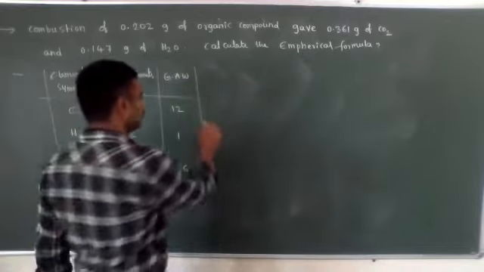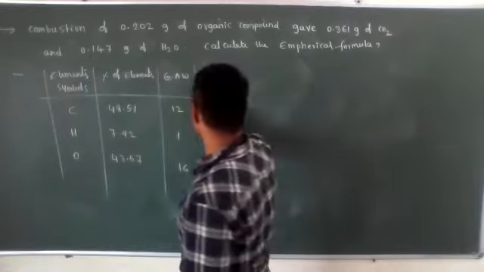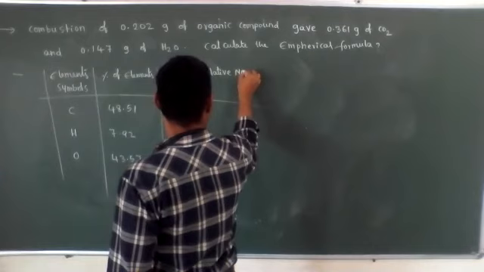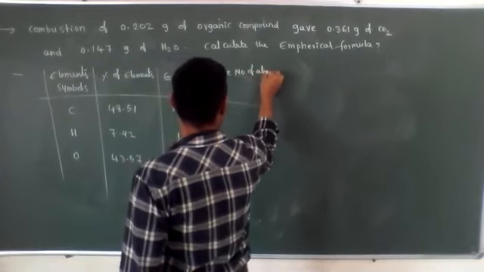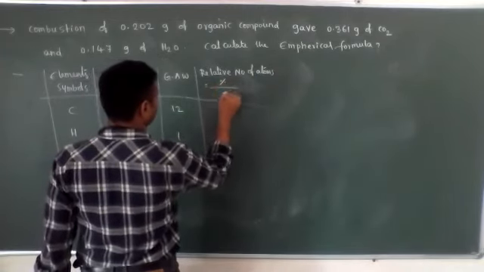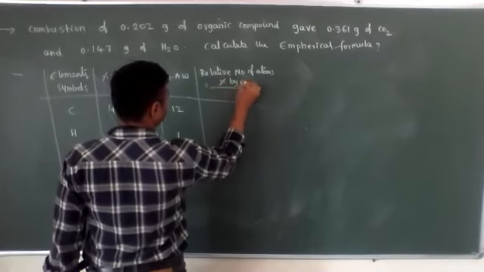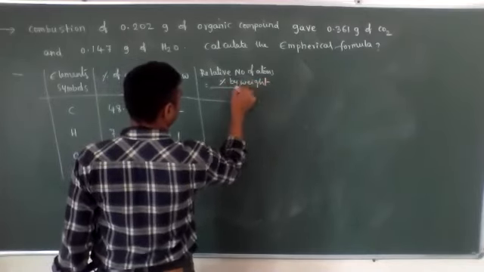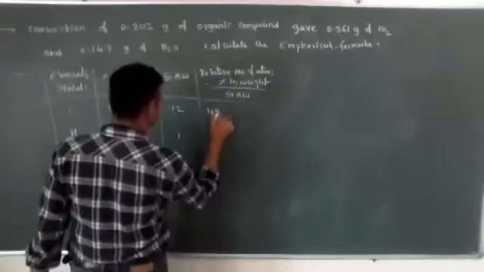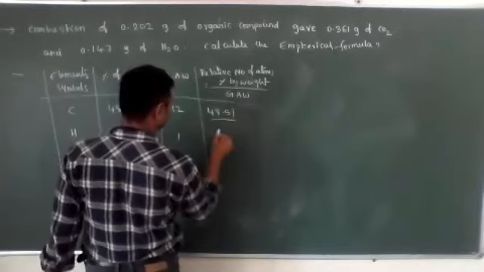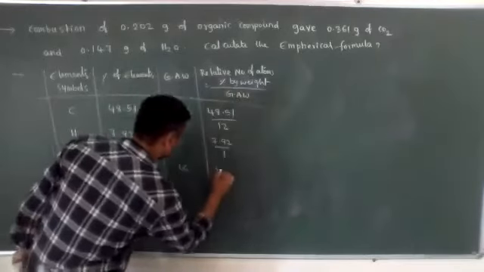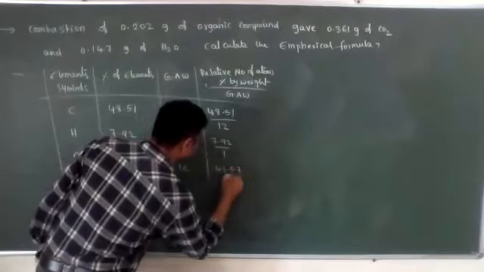The next step is common. Next step, what is the relative number of atoms? Relative number of atoms is equal to percentage by weight divided by gram atomic weight. Means 48.51 by 12, 7.92 by 1, 43.57 by 16.